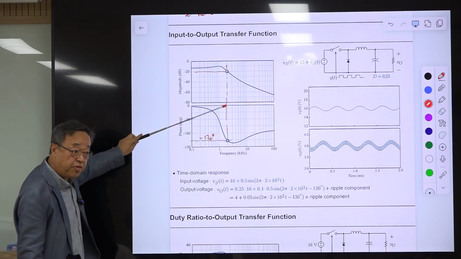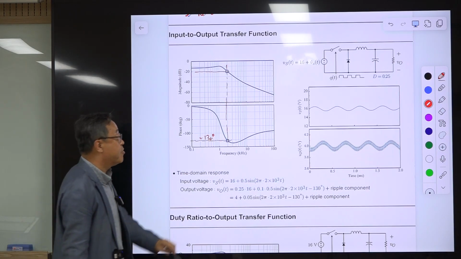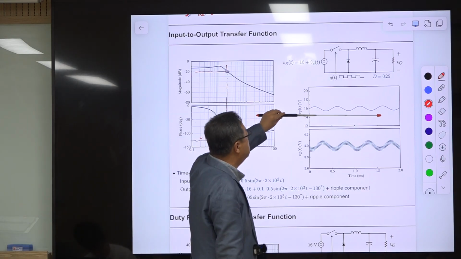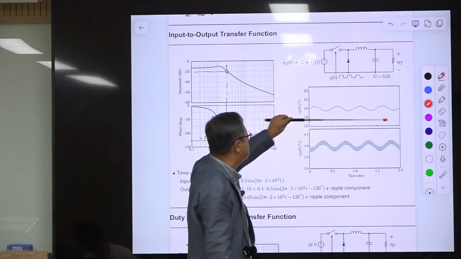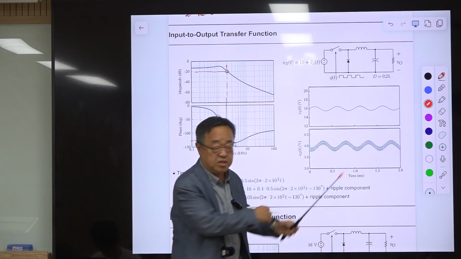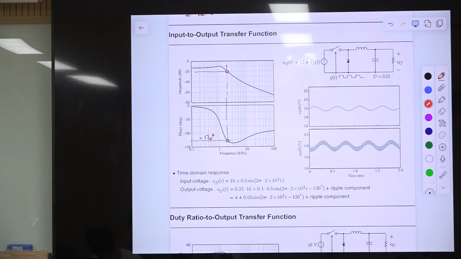That is the prediction of this. Okay, check that out. So for this simulation, I did a simulation because this is the 16 and this AC component. The magnitude of this is 0.5, and the frequency was 2 kHz. Then our prediction is this one.